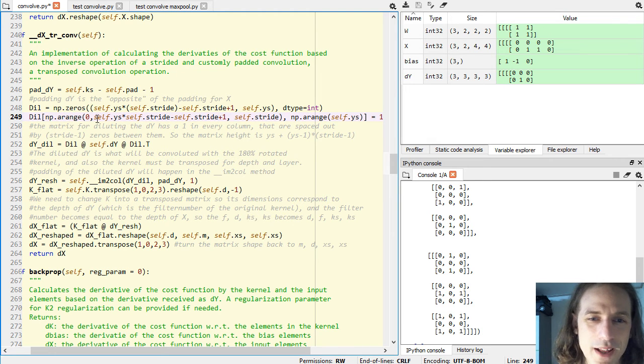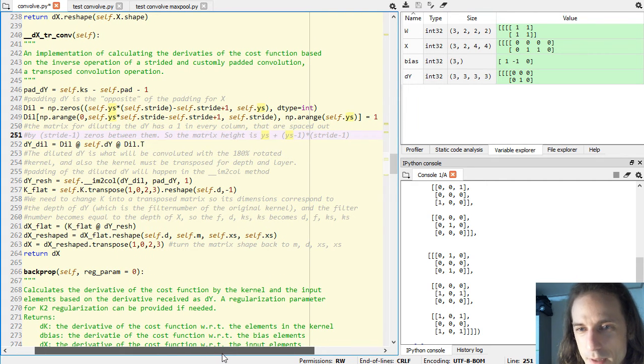It's kind of convoluted how it comes together, but the matrix for diluting the dy has a 1 in every column that are spaced out by stride minus 1 zeros between them. So the matrix height is this. So take a moment to read it.